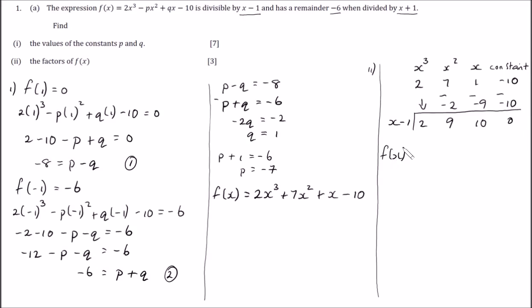So f(x) = (x − 1)(2x² + 9x + 10), which gives me (x − 1) times, and let's see if this can factorize, (2x, x), and what would be our factors? 5 here and a 2 here, both positive. So there, we have factorized. Those are our solutions. Thank you.